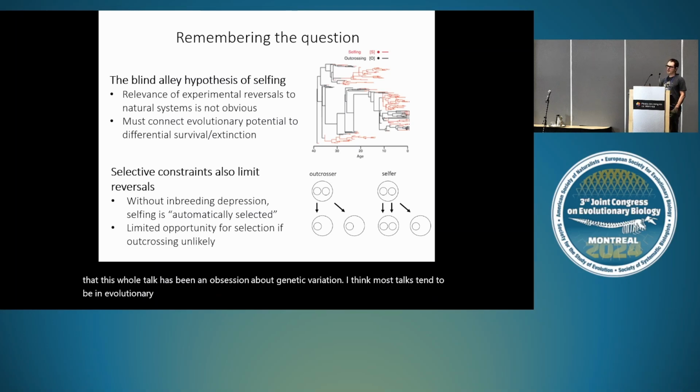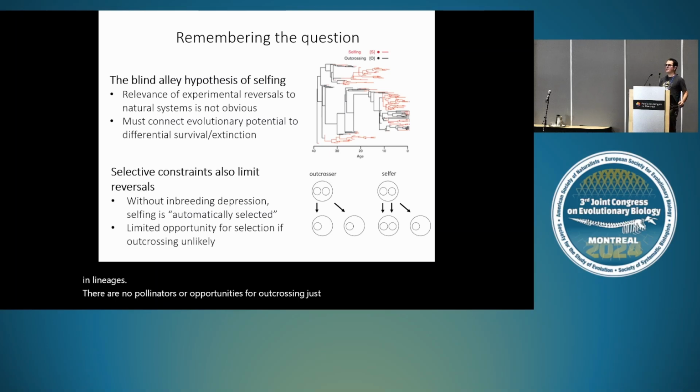But I would also say that maybe selection is less powerful in highly selfing lineages too. So selfers, if they don't have inbreeding depression, there is no selection to actually outcross. So that's another thing to keep in mind. And also in highly selfing lineages, if there are no pollinators or opportunities for outcrossing just don't exist, there needs to be individual variation for selection to operate. And so that hypothesis is worth looking into.